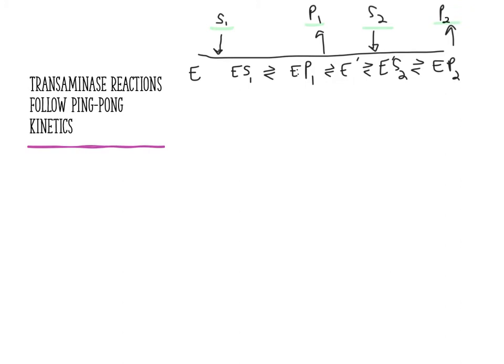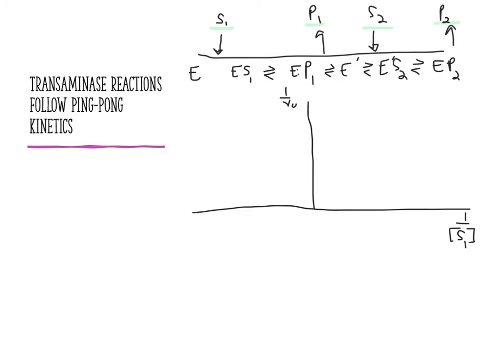What this looks like in terms of the Lineweaver-Burk plots. Again, because we like to use the Lineweaver-Burk plots because they're easy visuals to be able to compare the different types of enzyme kinetics. So if you'll remember, we have 1 over V naught. This is going to be 1 over substrate 1 concentration.